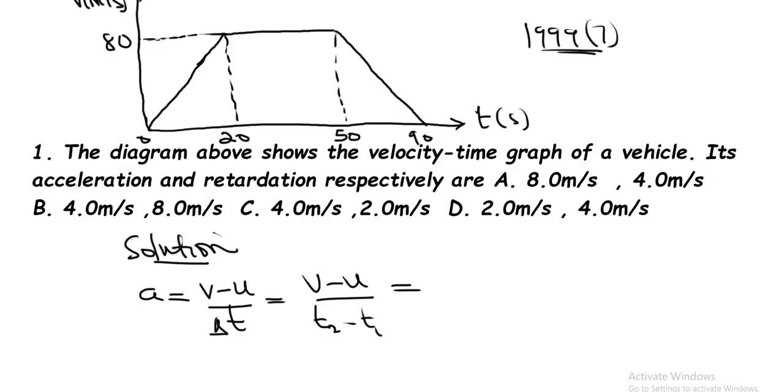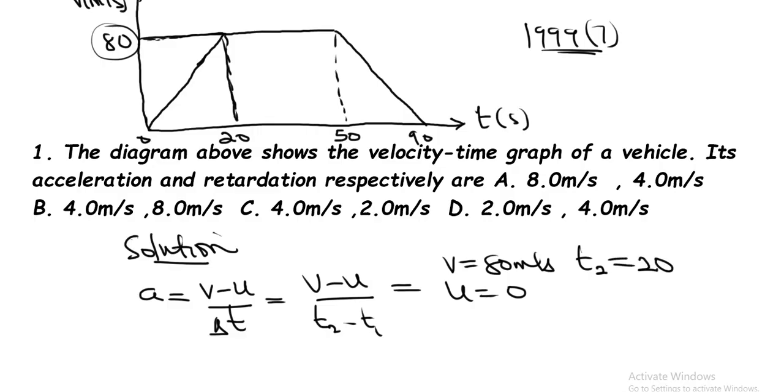And we have the parameters here. We have the final velocity, which is v, equal to 80 meter per second, as you can see on the graph, and the initial velocity, which is u, is equal to 0. Now t2 is when the velocity is accomplished, which is 20, and we have t1, which is 0.